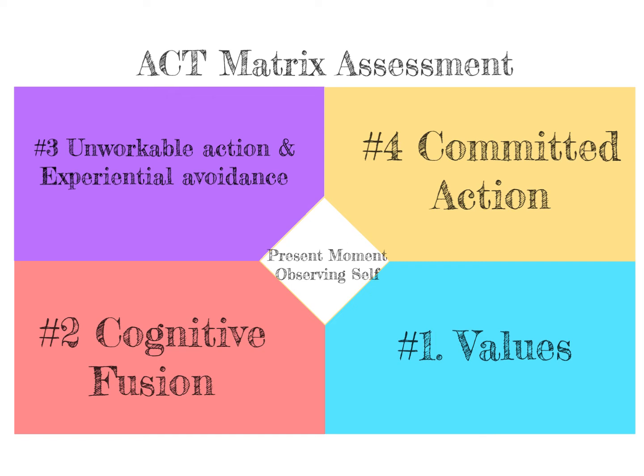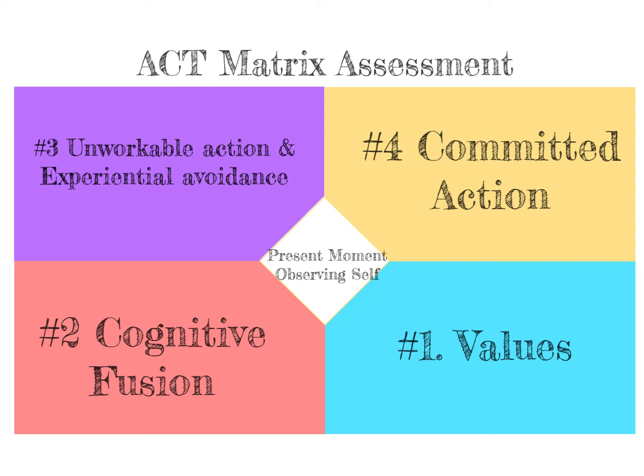I've found over the years that it is important to explain to the client that this ACT matrix can serve as a roadmap for treatment from here on out, meaning that each time the client returns to the session, this can be used as a way to process their previous week's events.